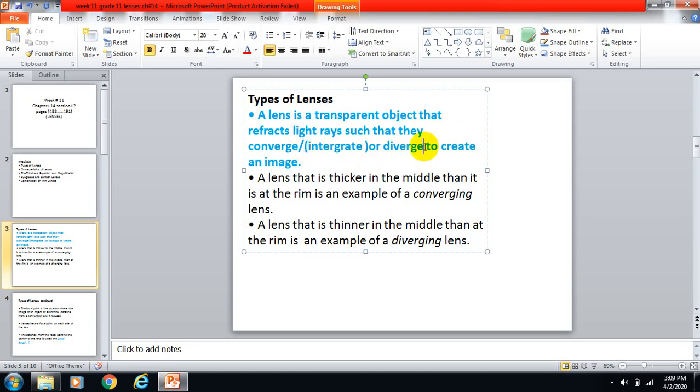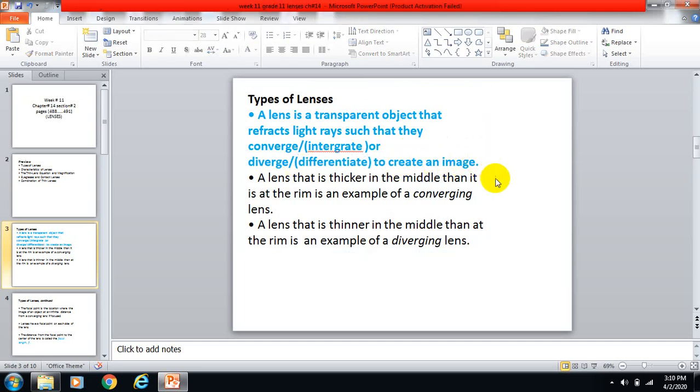And diverge is to differentiate, to create an image. Understand?